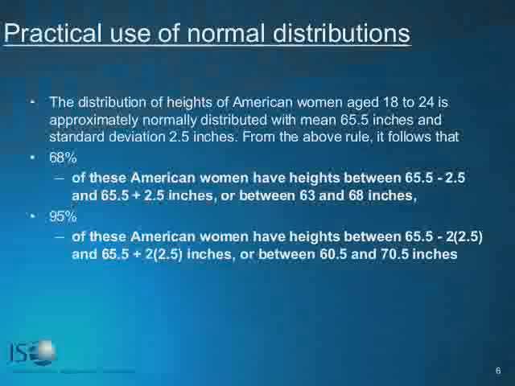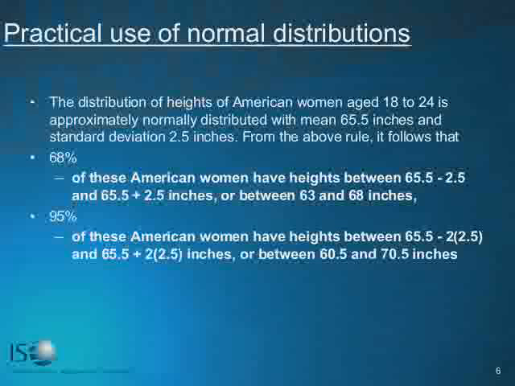The way you understand options is through what are called normal distributions. I just used American women's heights here, the 18 to 24 age group, as an example. If the average woman is about 65.5 inches, I could figure out an error factor from that, about 2.5 inches, and about 68% of all women are going to be plus or minus that 2.5 inches, or between 63 and 68 inches.